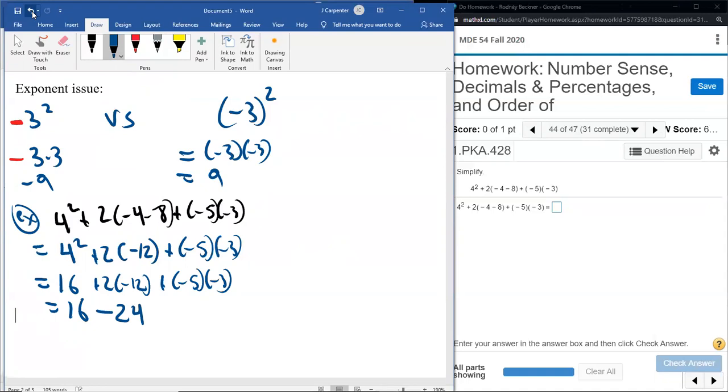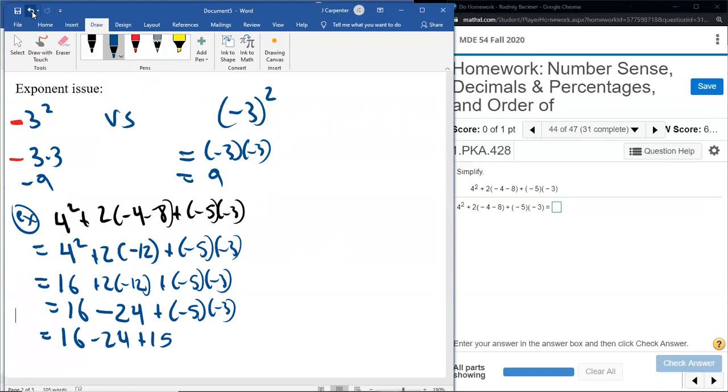Adding a negative is the same as subtracting a positive. Now, because of the separation, you can actually do this product right now, but I'm just going to be very meticulous with my step orders. So that's 16 minus 24. -5 times -3 is positive 15, so that'll be plus 15.